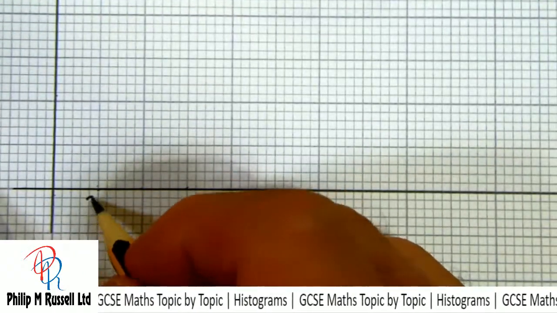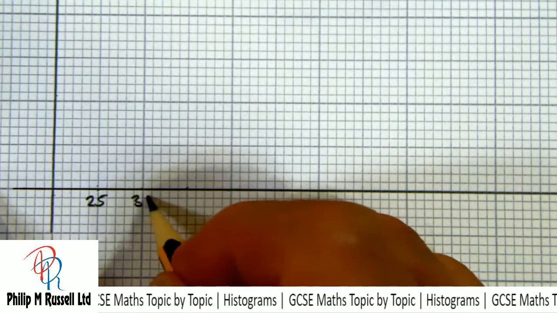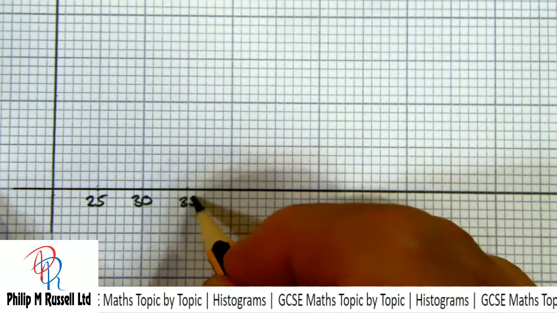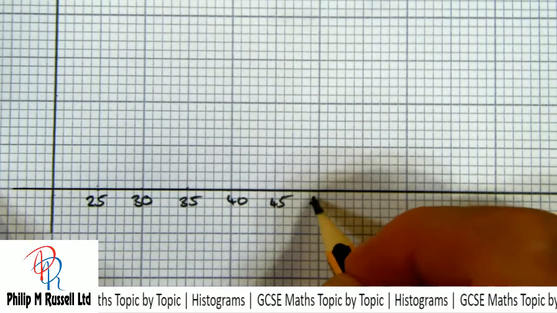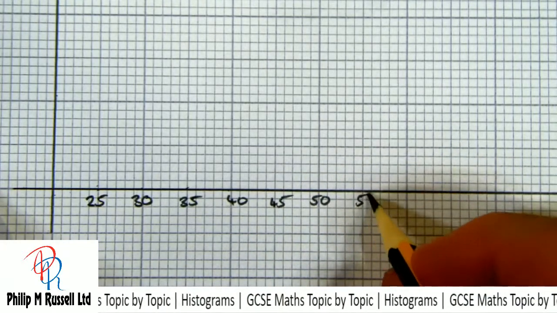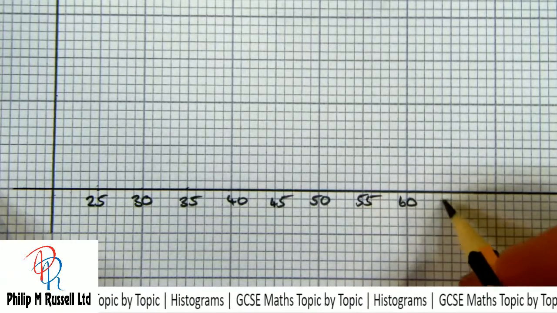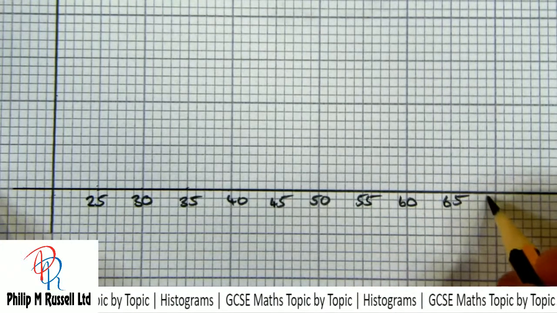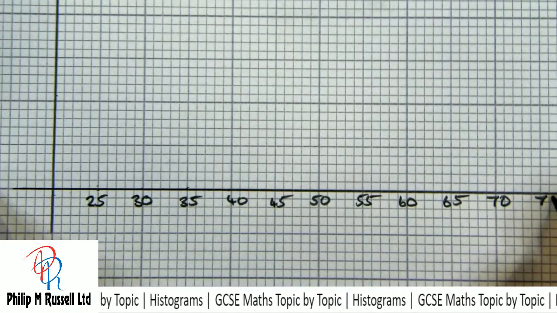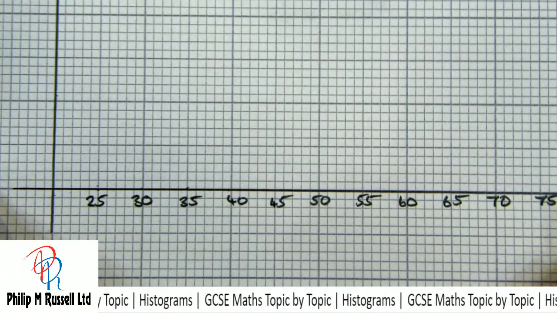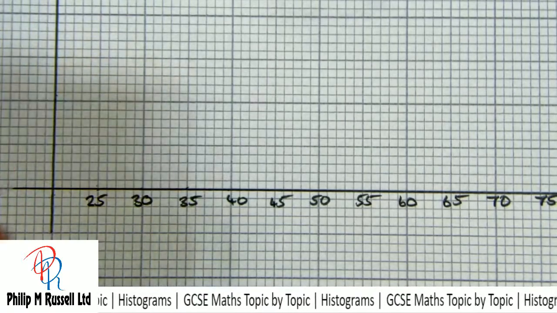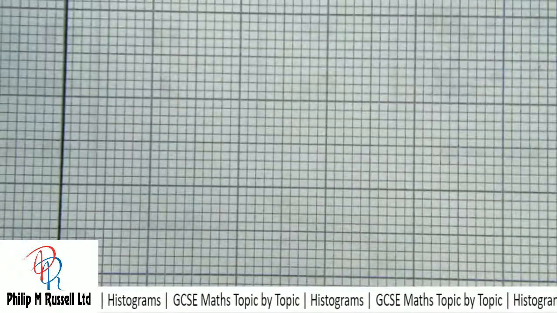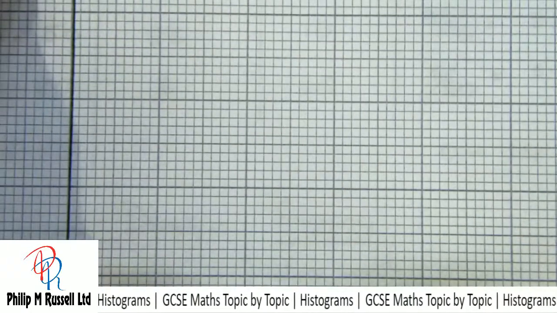If I say this is 25, that's 30, 35, 40, 45, 50. It's a good idea to make sure that we've got a very even scale when we're going along here. So I've got my numbers along there, and we can put our numbers up here.